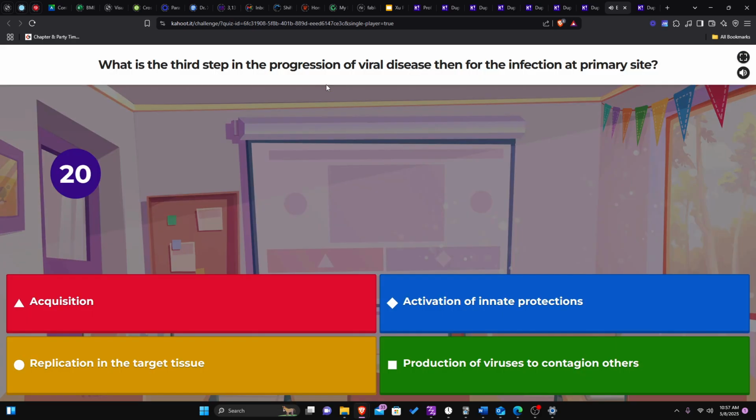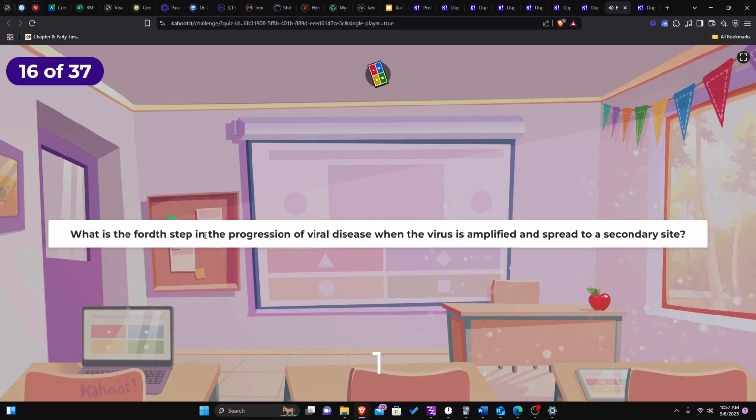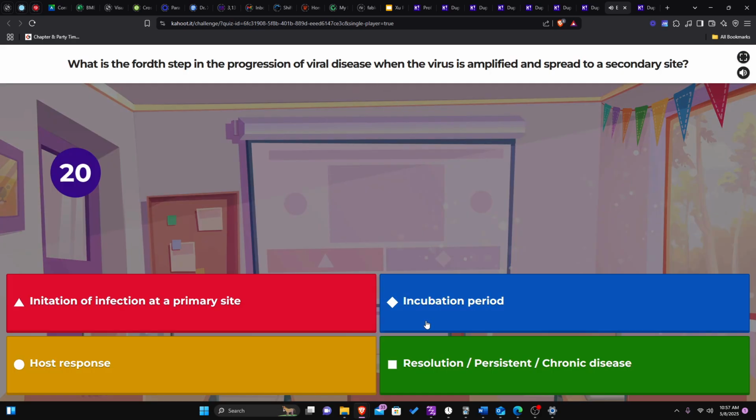Third step is the activation of innate protection, so this is first, 5th step, 6th step. 4th step should be the incubation period, this is the 8th. Okay, this is the 2nd, this is the 6th.